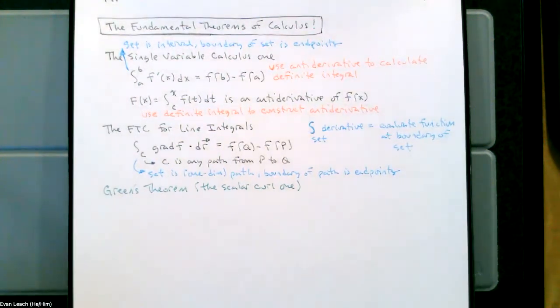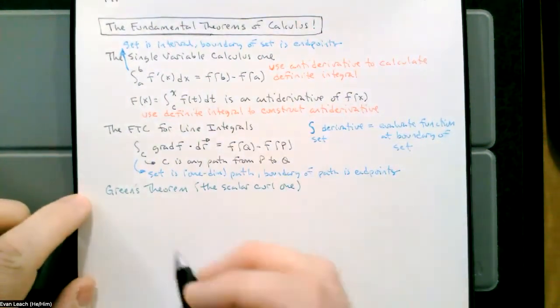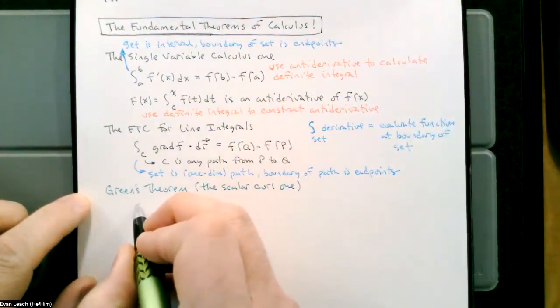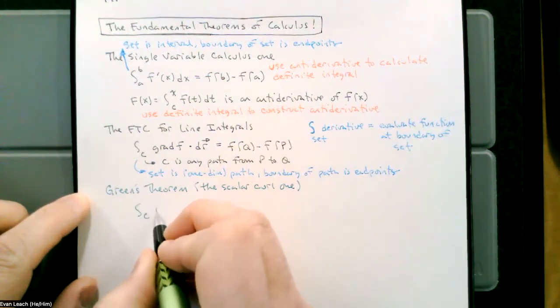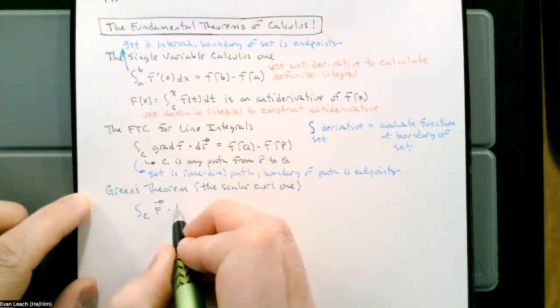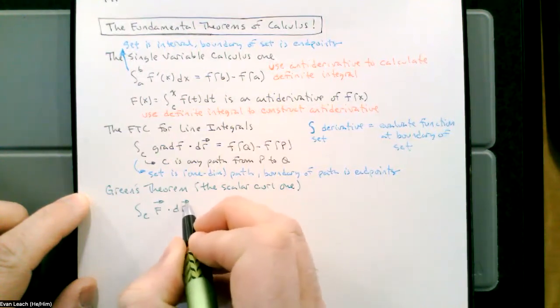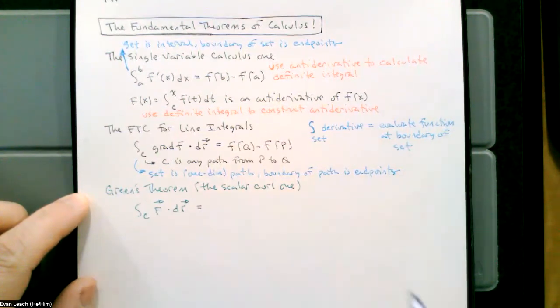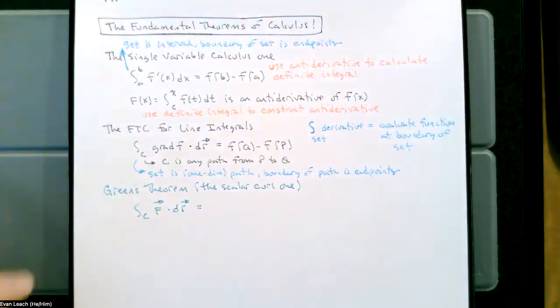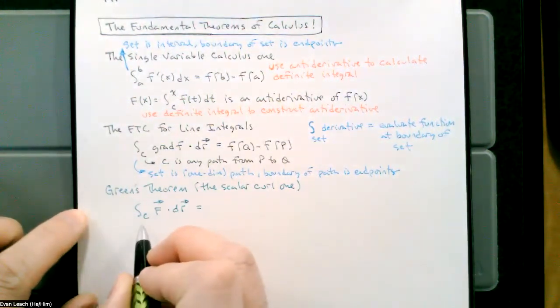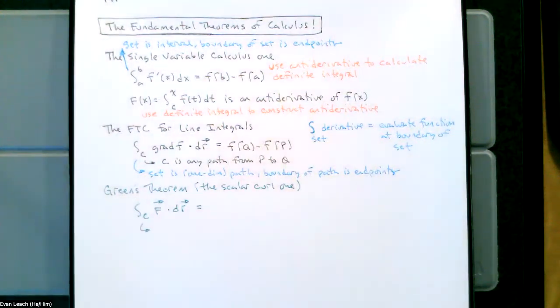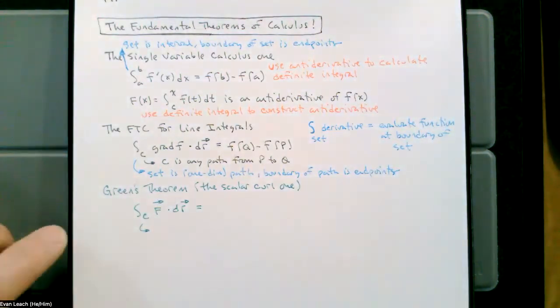So in Green's theorem, we have the integral over some set of F dot dr, where C is the boundary of a set. C is a boundary of region R with positive orientation.